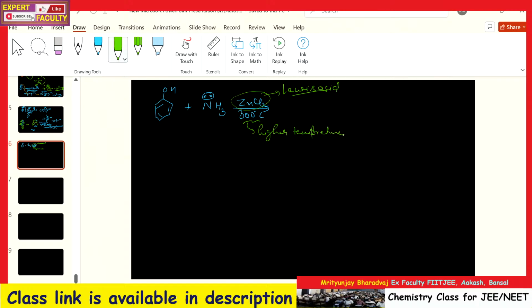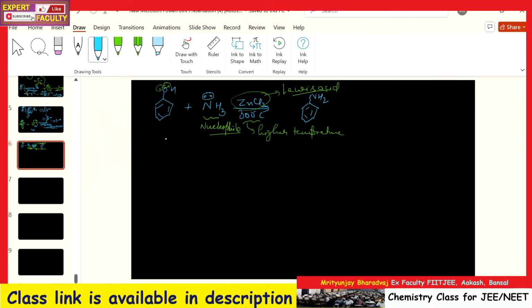So these two things will facilitate removal of OH from the benzene, and this ammonia will act as a nucleophile and get attached to form the final product, which will be the NH2 compound.